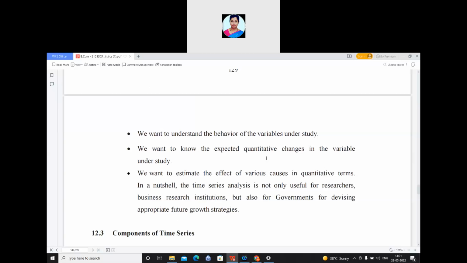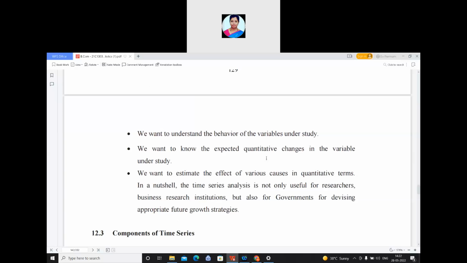We are collecting the data and we want to study the behavior of that data, so time series is very useful. Similarly, to understand the expected quantitative changes in the variable under study. And similarly, we want to estimate the effect of various causes in quantitative terms.